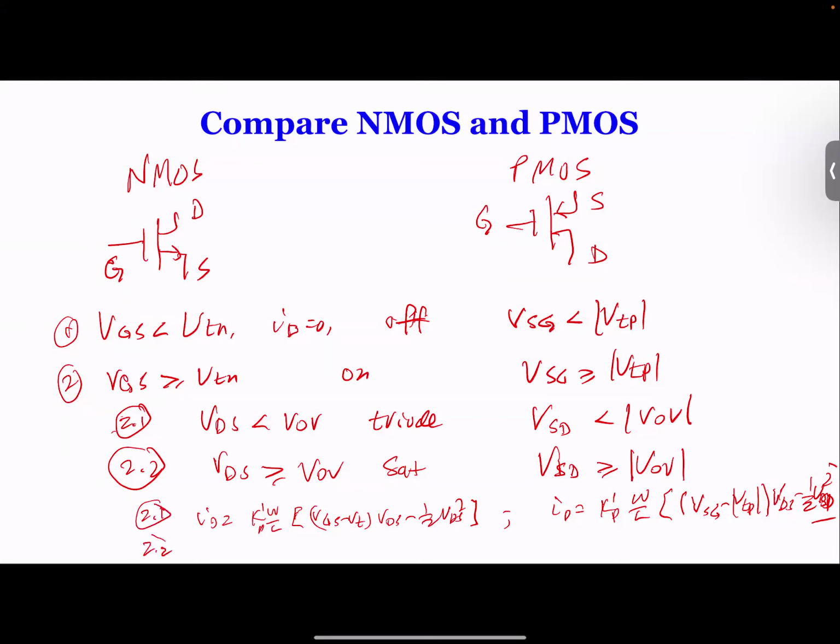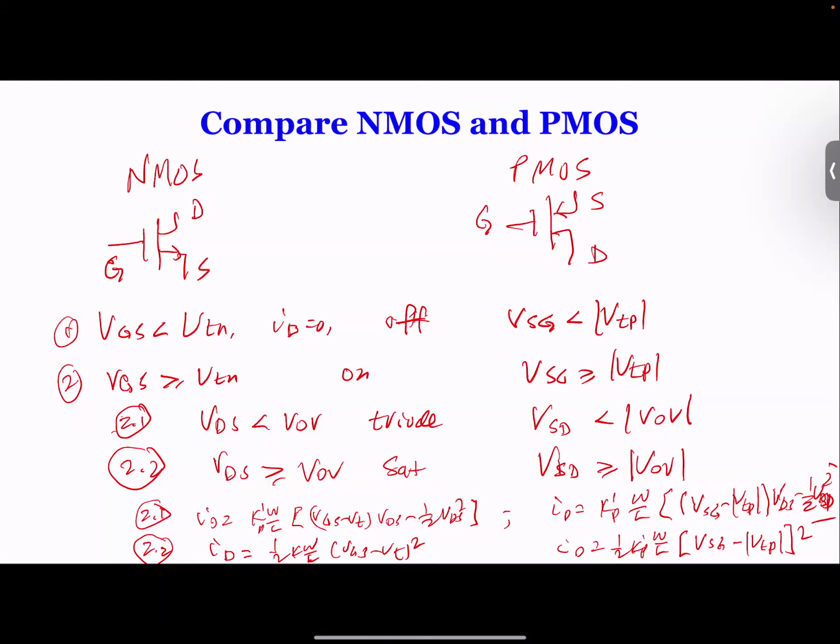Now for 2.2, we have ID equal to 1/2 KN prime W over L times VGS minus VT squared. And here ID equal to 1/2 KP prime W over L times VSG minus VTP squared.